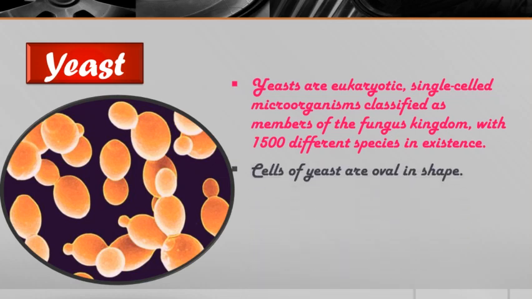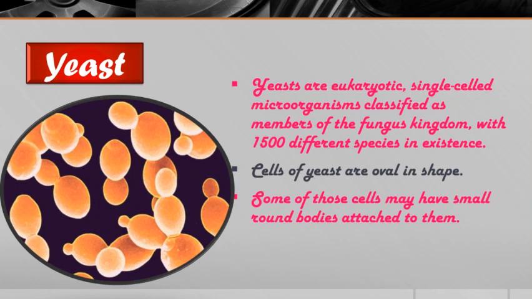The cells of yeast are oval in shape. In the picture alongside you can observe the oval-shaped cells of yeast, and some of those cells may have small round bodies attached to them. That means small rounded bodies are attached to the oval-shaped bodies of the yeast cell. Students, you can clearly observe in the picture, and these bodies are called daughter cells.